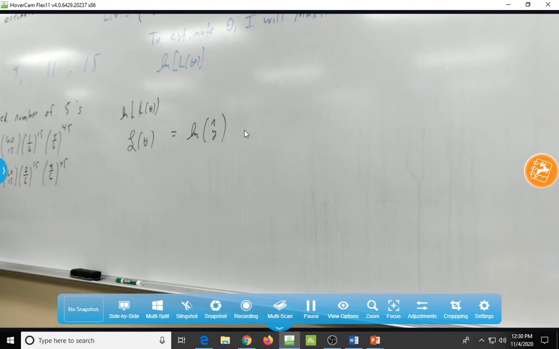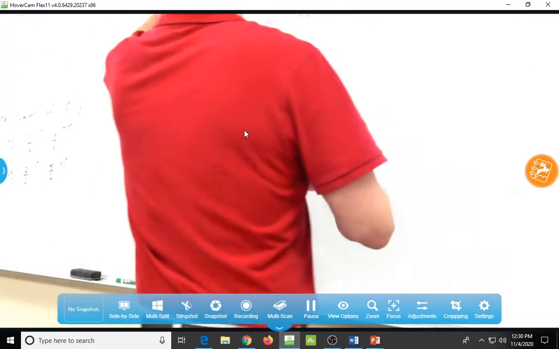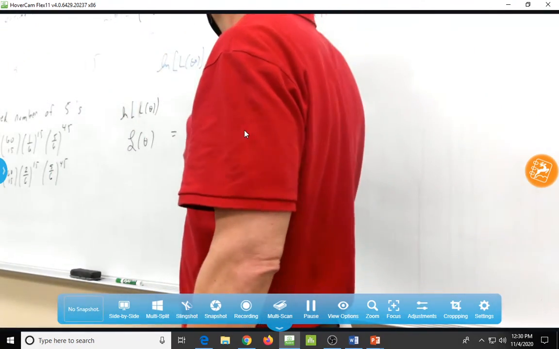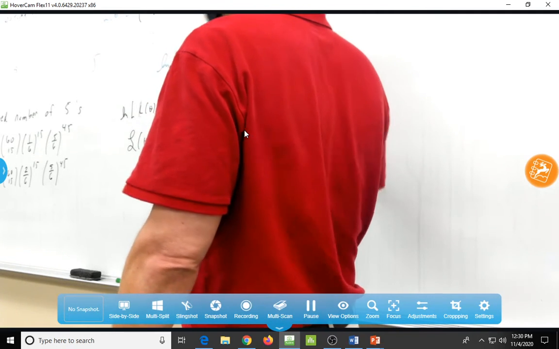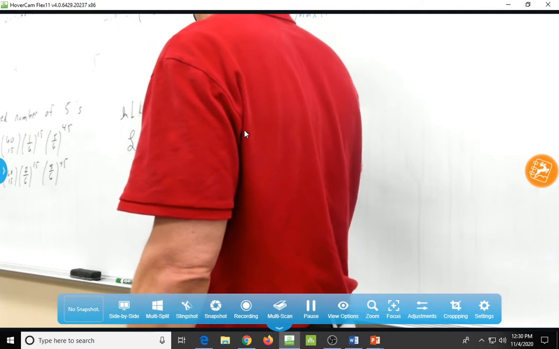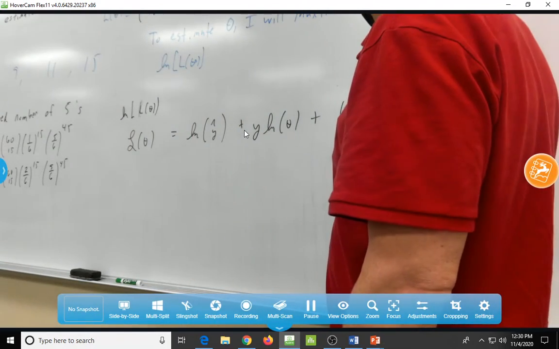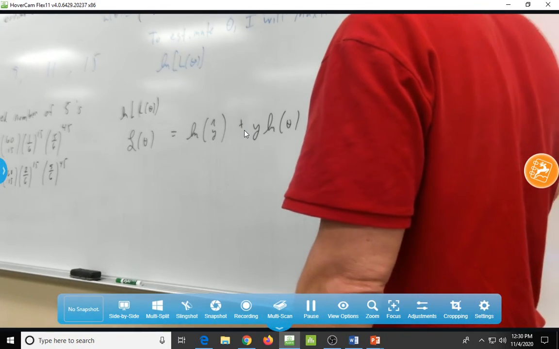Natural log of a plus natural log of b. Very good. And the natural log of a to a power, as long as everything's positive, is the power times the natural log of a. So plus y times natural log of theta, because I can bring the y down. Very good. And then plus n minus y, natural log of 1 minus theta.